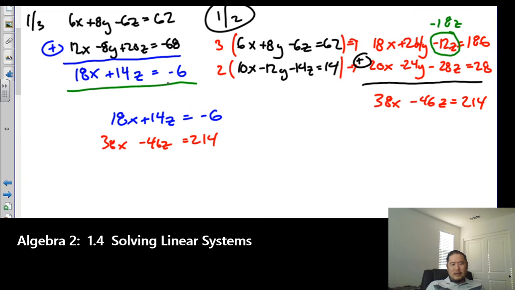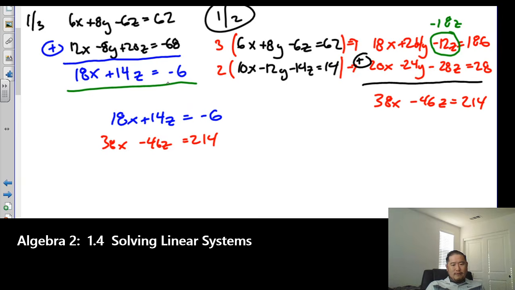So that doesn't necessarily work. If we take 46 times 2, that gets me 92. Can 92 be divided by 14 nicely? It can't. So how about let's take 46 times 3, 138. Can I divide that by 14 nicely?